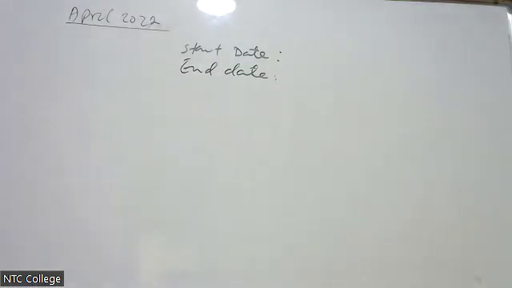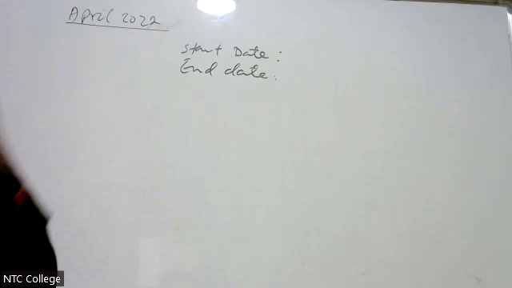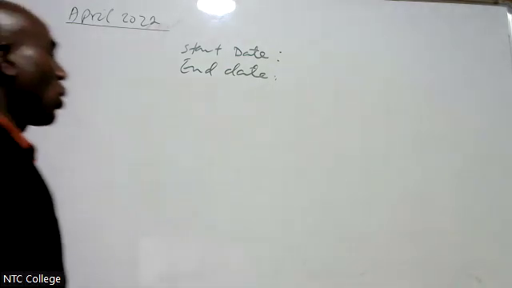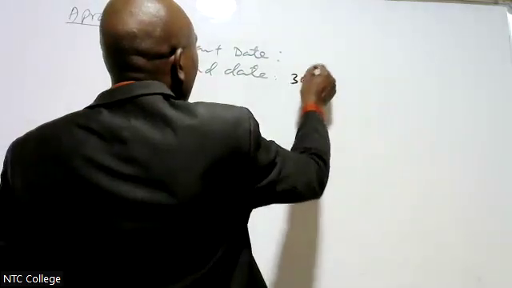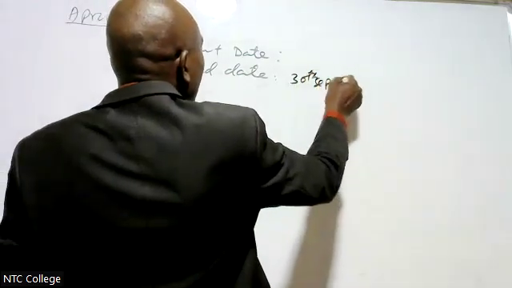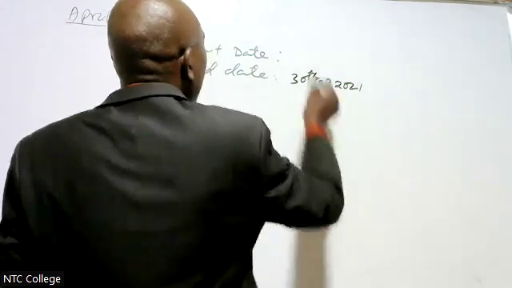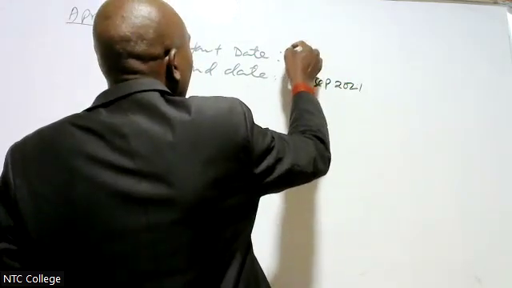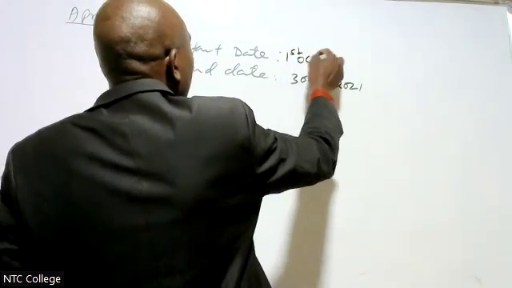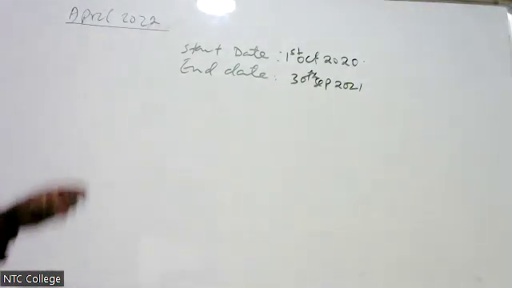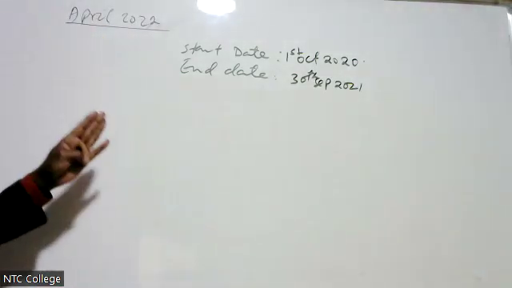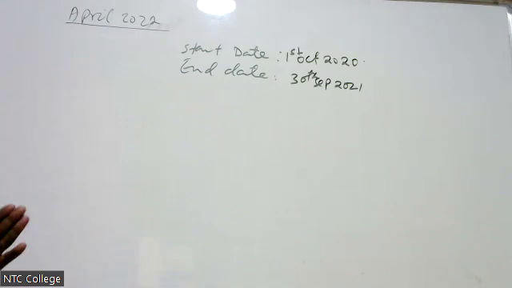Why? Because you are going to weight your shares on a time basis. In this question, we are ending on 30th September 2021, which means our year started on 1st October 2020. That is the most important thing.